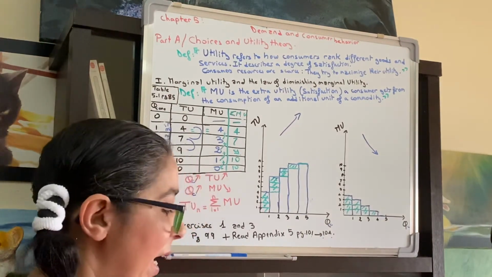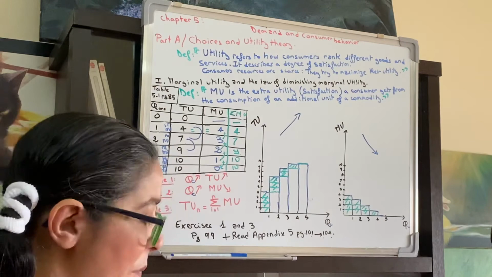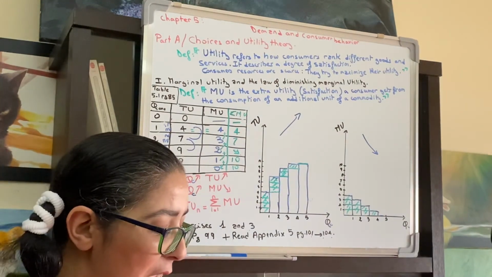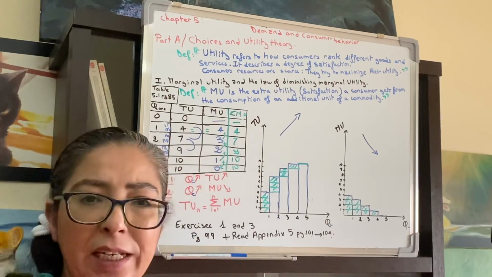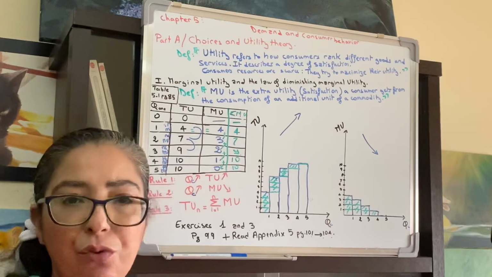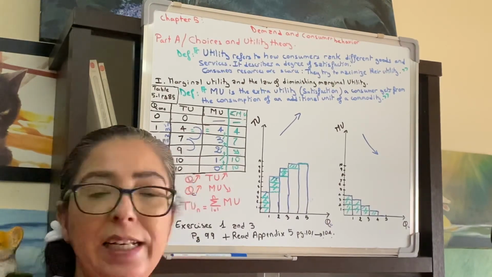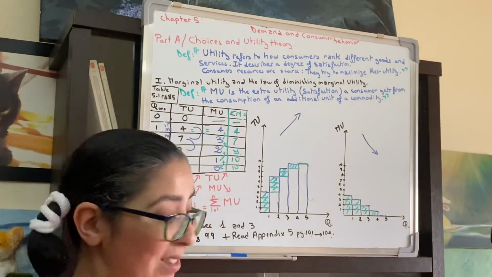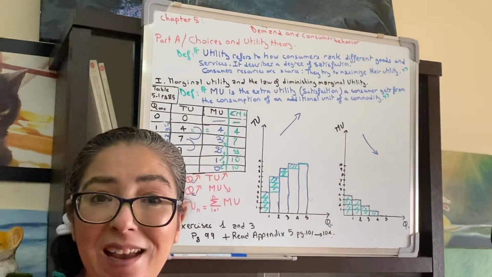So, yeah, I wanted to talk about cardinal utility and ordinal utility. Do I do it now? No, I think I'm going to do it after you read your chapter, so at least you have an idea about it. Okay, so I think it's done for today.